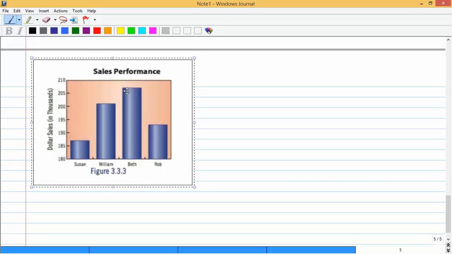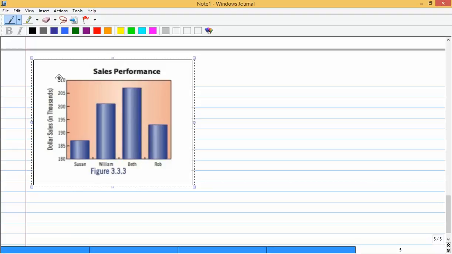And so this is how much they've sold. And in my opinion, this bar chart is a little misleading because you see Susan here, she sold between 185 and 190,000, and Beth sold between 205 and 210,000.